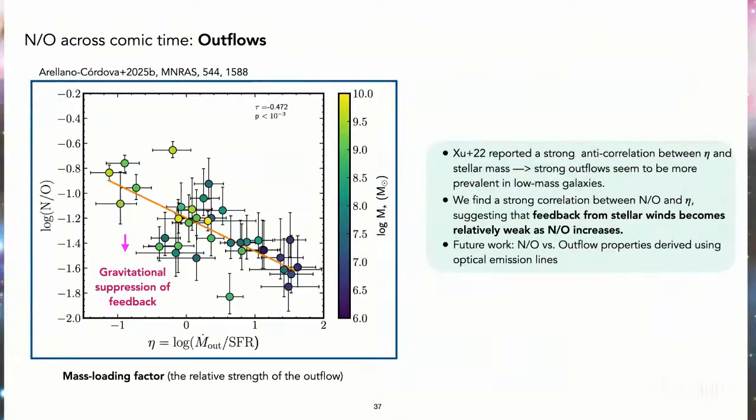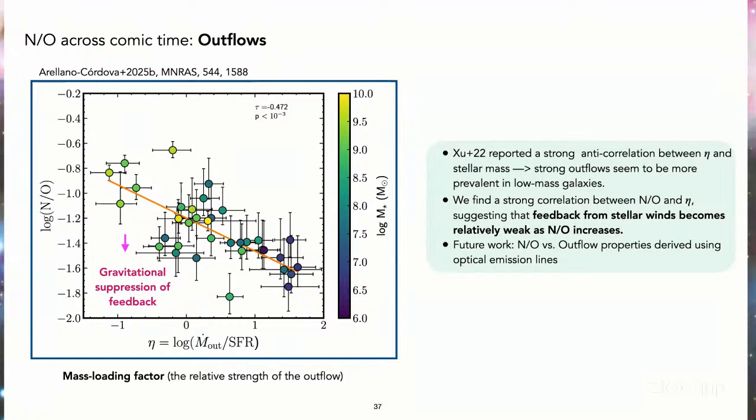Finally, from the outflow properties we determine the mass loading factor, which refers to the relative efficiency of the outflow. There was previous work from Sun Fei, and I think also John Chisholm, comparing the mass loading factor with stellar mass, finding a correlation: higher stellar mass, lower mass loading factor, and for dwarf galaxies, a high loading factor.